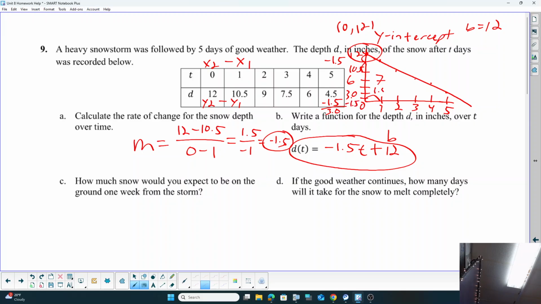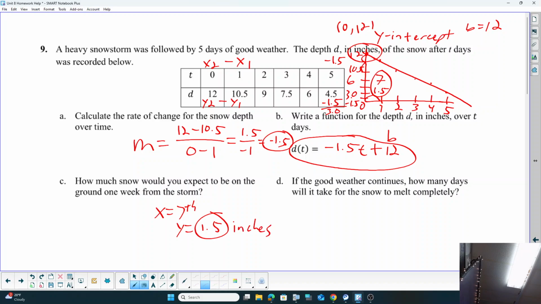And that'll be 1.5 for 7 days. So when x equals the 7th day, y is equal to 1.5. So 1.5 inches of snow.